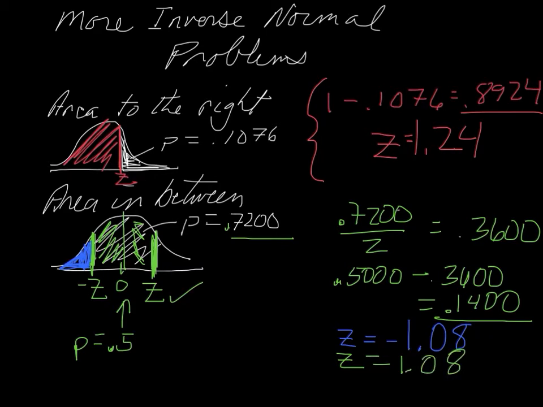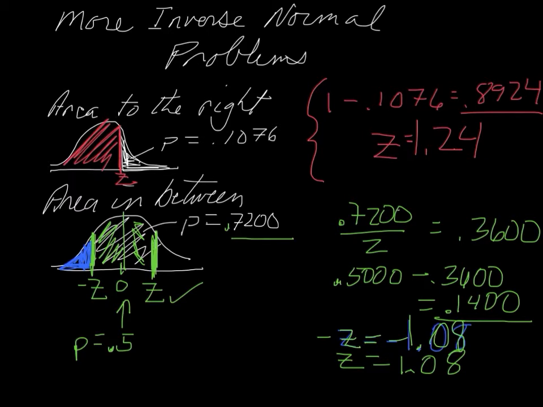So by finding this area to the left over here, you can find the negative z, and then you can find the positive one. So I'll write this as negative z. This is negative 1.08. Okay? And I hope that helps you to see how we do this kind of problem.